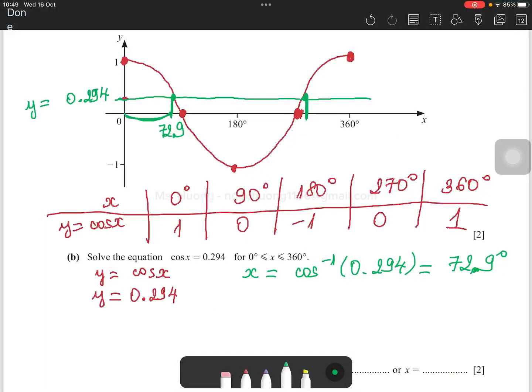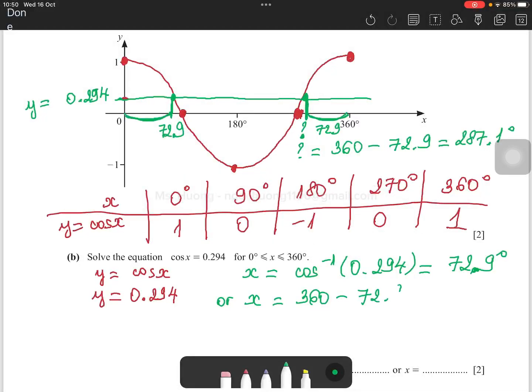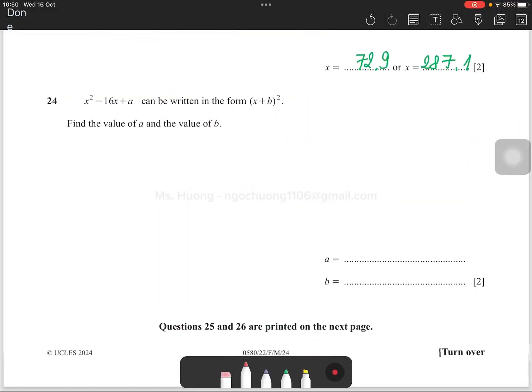And to find the other point, you can subtract 72.9 from 360. So x equals 360 minus 72.9, which is 287.1 degrees. So we have two answers, 72.9 and 287.1.